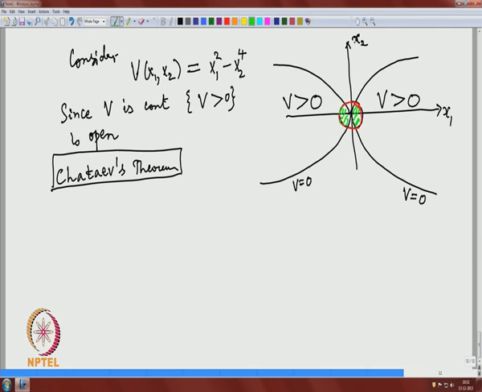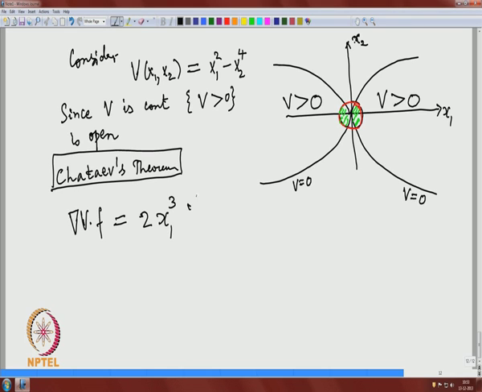Okay. And now, let us compute grad V dot f. So, simple calculation, you see that it is 2 x1 cube, okay, which is positive for x1 positive.